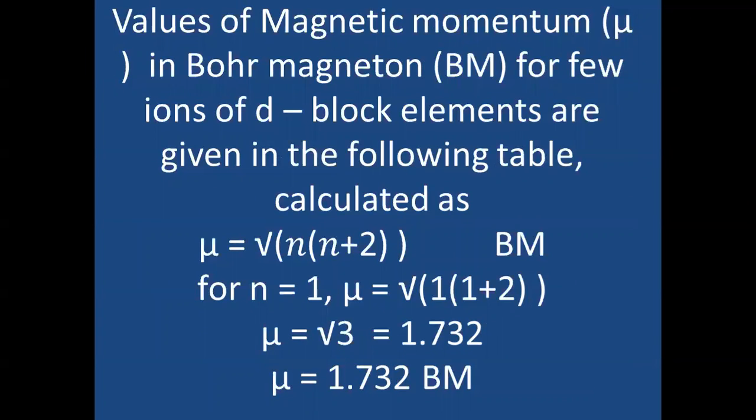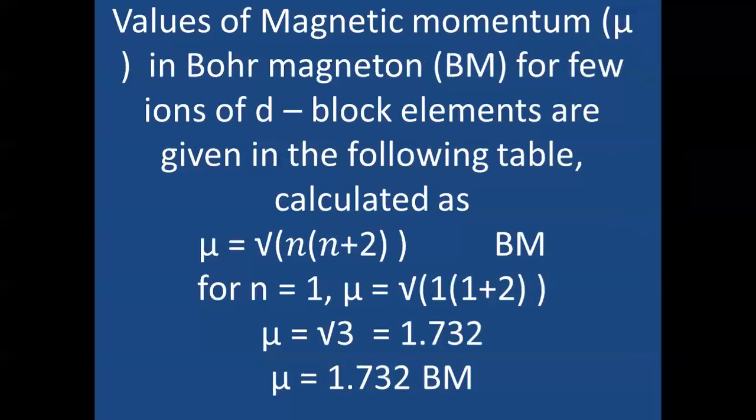Experimentally, we will have nearly equal to that. For example, in the case of titanium 3, there is one unpaired electron, and the value for mu is 1.75. So it is nearly equal to 1.732 Bohr magneton.